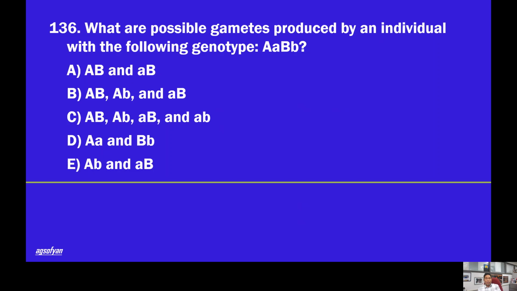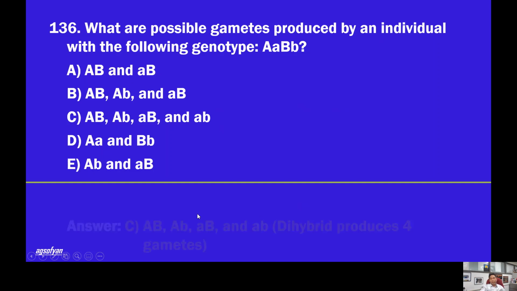C is AB, both capital; Ab; aB; or both lowercase ab. D is A capital and lowercase, or B capital and lowercase, AB, Ab, aB. So choose your answer.